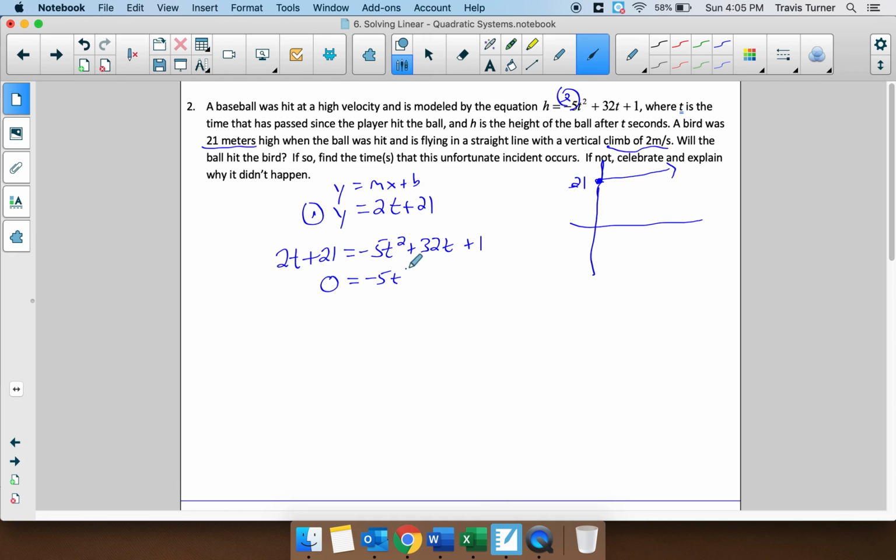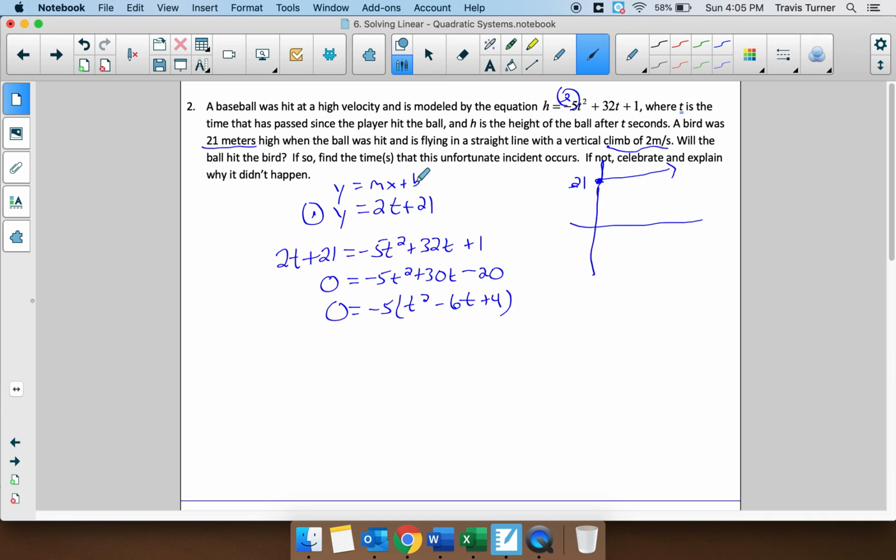So I've got minus 5t squared, and move the 2t over, that gives me plus 30t, and move the 21 over, that gives me minus 20. And I can factor out a common factor just to make the numbers a bit smaller: minus 5 times t squared minus 6t plus 4.